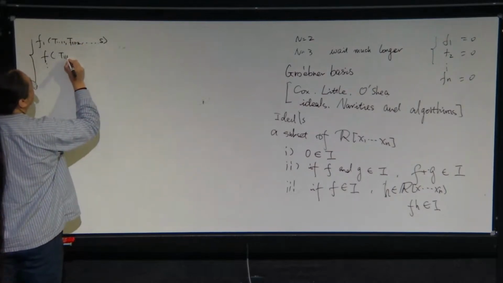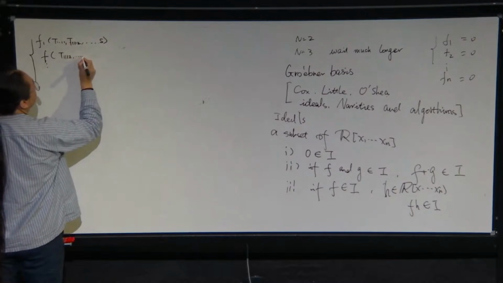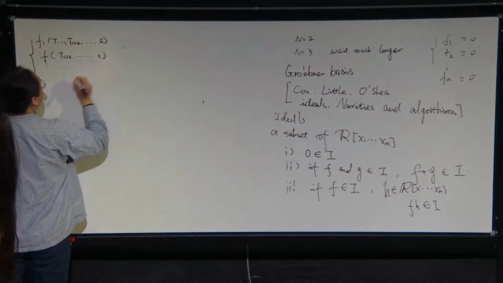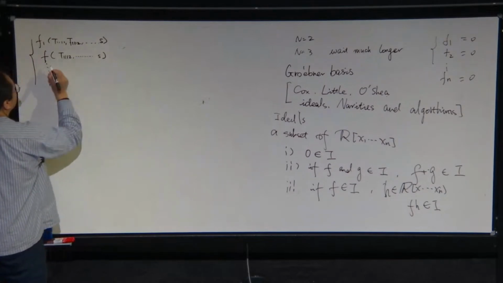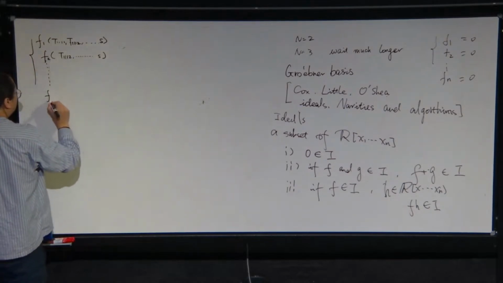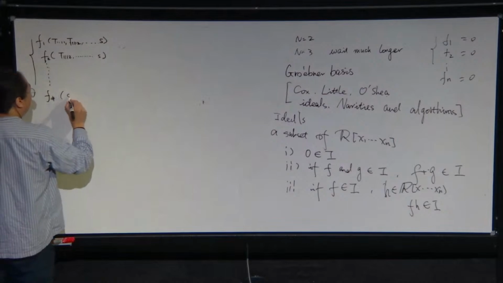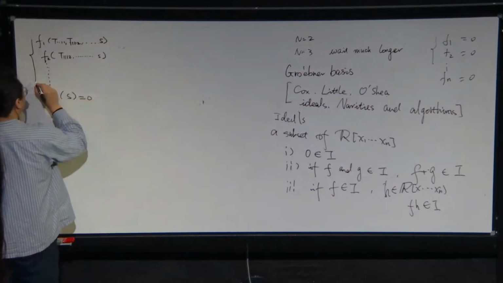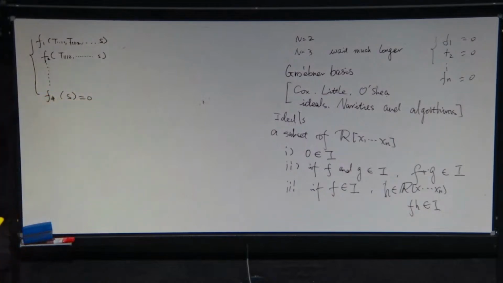The second one, however, would be eliminating the first variable already. And you keep going. I don't know what this number is, but in the end, in this so-called Gröbner basis, you will get a polynomial set in this form. This is upper triangular form.